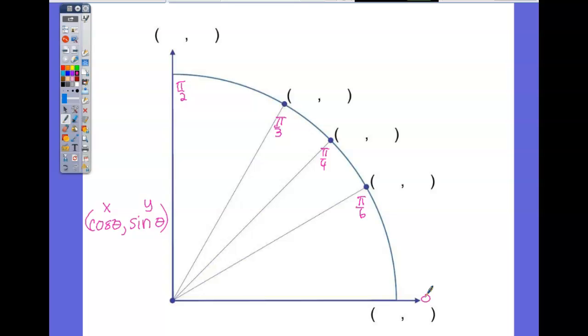How many fingers above? 1. So my cosine is 1/2. How many fingers below? 3. So it's the square root of 3 over 2. Pi over 4. It's the middle finger. How many fingers up? 2. And then 2 below.